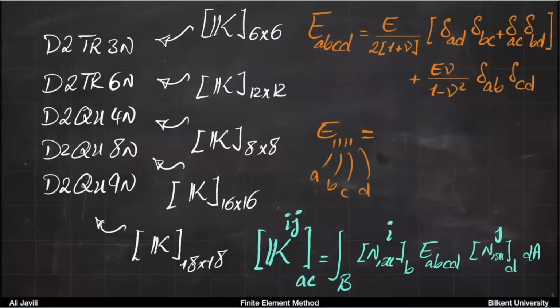Let's do 1 1 1 2. So if you want to do 1 1 1 2, then you have E divided by 2 times (1 plus nu).